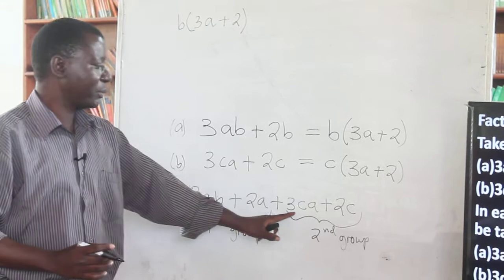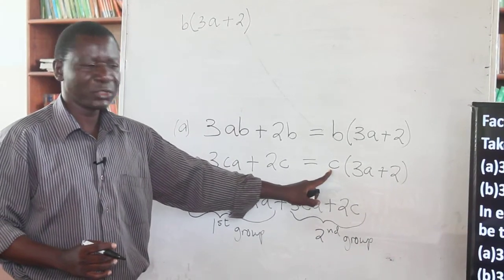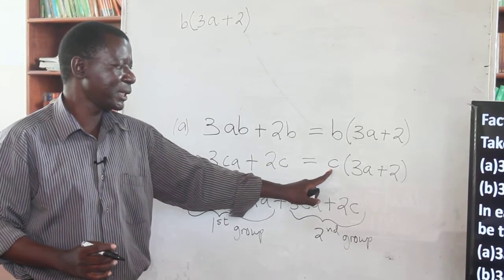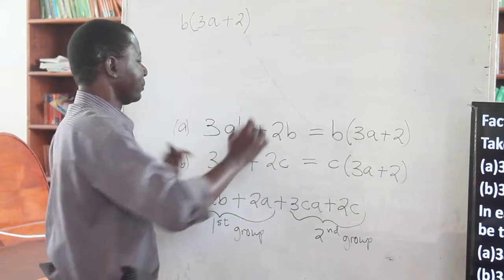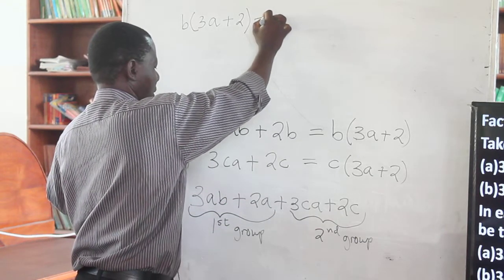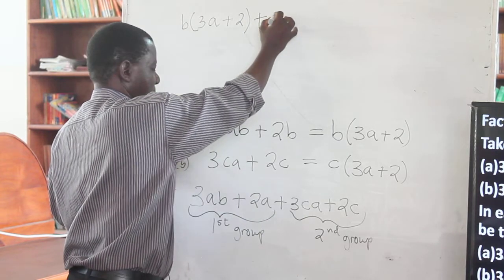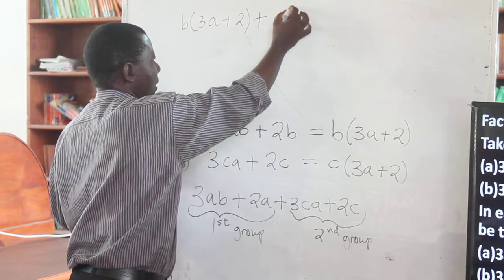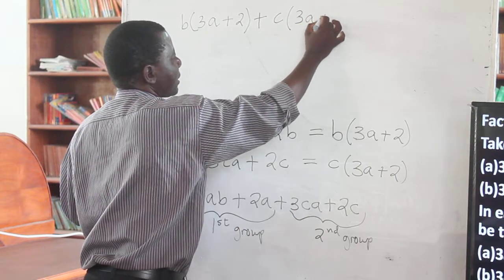The second group, we have c as the common term, so we can take c outside the bracket, inside the bracket we remain with 3a plus 2. So the addition is still there, the plus is still there, so plus c times 3a plus 2.